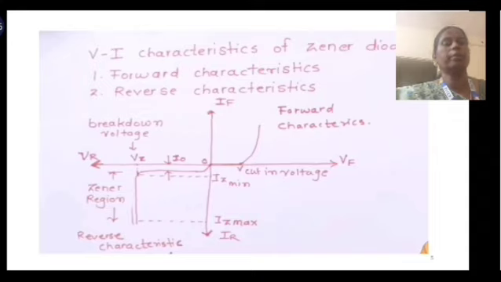If the input voltage is 30, I get only 5.1 volt as the output voltage, because I have taken a 5.1 volt Zener diode. The breakdown voltage of that Zener diode is 5.1 only. So we can say the Zener diode can act as a voltage regulator during reverse bias.